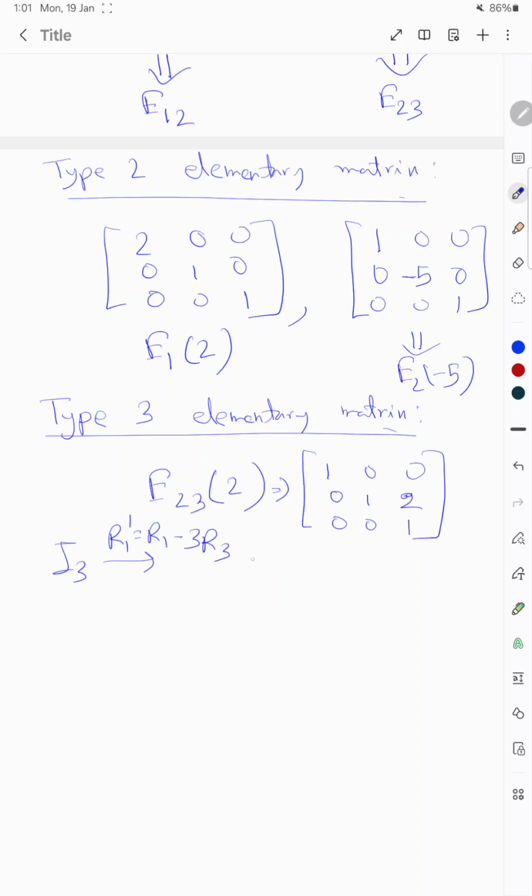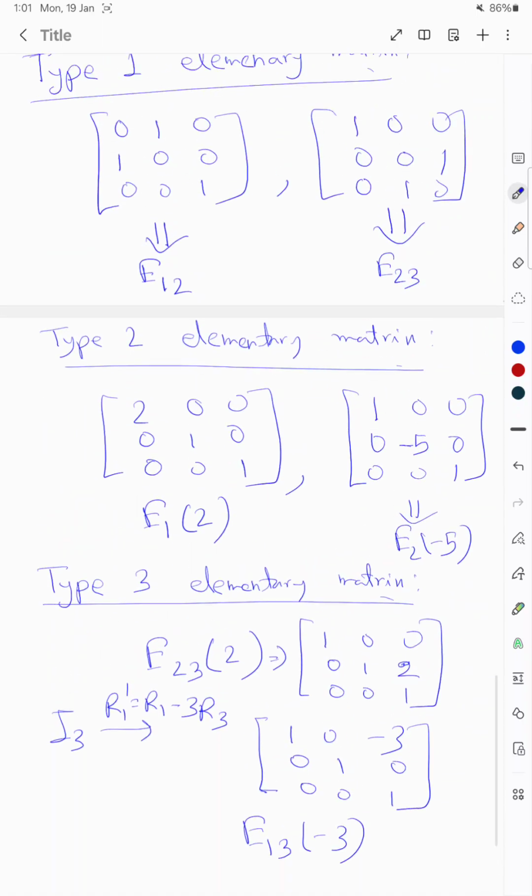So what will you get? 1 0 minus 3, 0 1 0, 0 0 1, right? Make sure that you are getting this. So this thing you can write as E13 with -3, right?